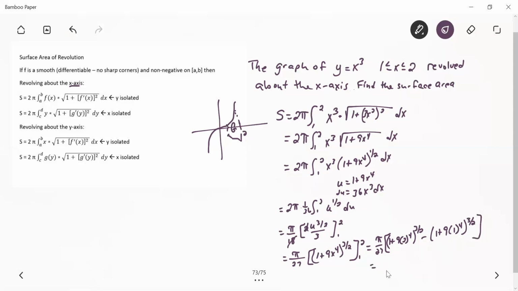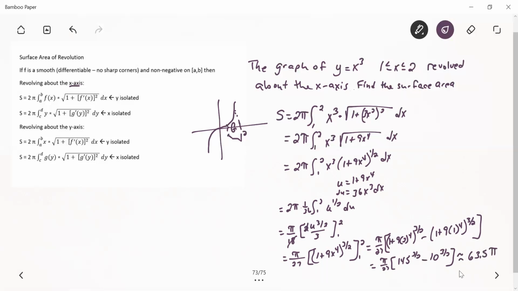Which gives me pi over 27 times, so this is 2 to the 4th times 9 plus 1 is 145 to the 3/2, minus 9 times 1 to the 4th, which is just 9 plus 1, which is 10 to the 3/2. And you could leave your answer like that, or you could approximate this to 63.5 pi.